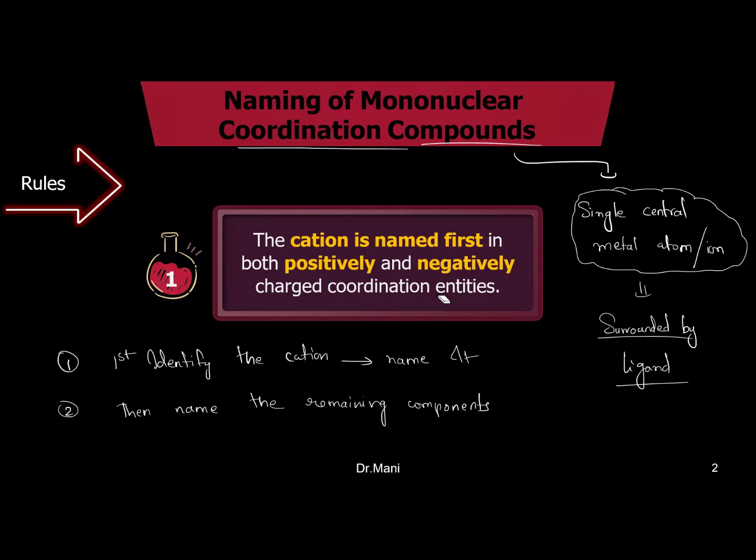When you have a coordination entity containing both positively and negatively charged components, first we give the name for the cations and then for the other components, meaning the anions and the neutral compounds.